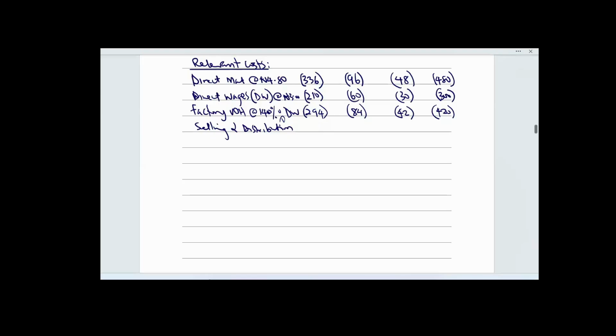Let me frame that because we are told that selling expenses are in two folds. We have fixed selling and variable selling. Both of them are relevant. Let's start with the variable selling and distribution. Working number 1.